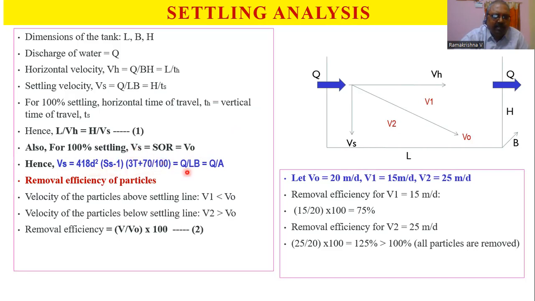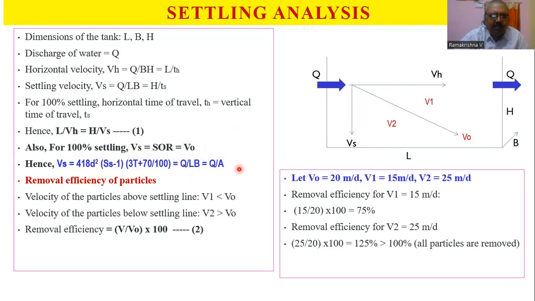So what is Vs here? Vs is nothing but Q by LB, that is, Q by surface area. So ultimately what we are saying is surface overflow rate is nothing but discharge divided by surface area. So the settling of the particle finally depends on the surface area but not on the depth.